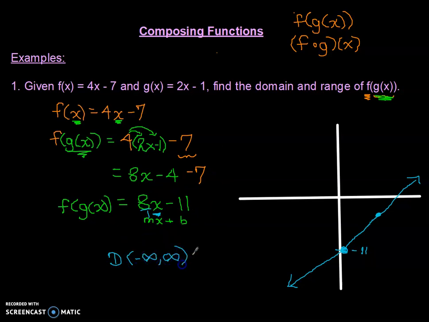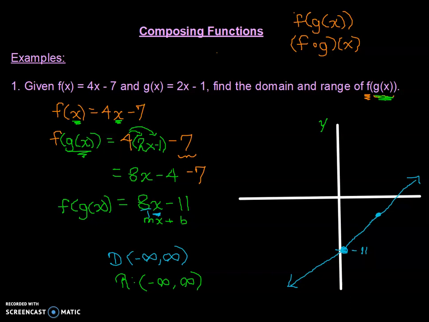And for range, we've gotten into the habit of looking at that from a graphing approach. So as the y values go out, they also head downwards towards negative infinity. And as I'm moving up the y-axis, this line will also keep going up and out, towards positive infinity. So the range would also be all real numbers.